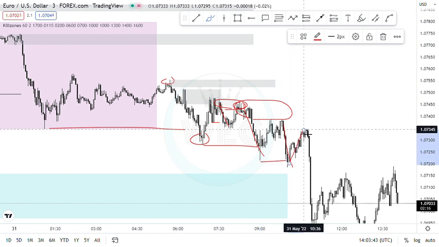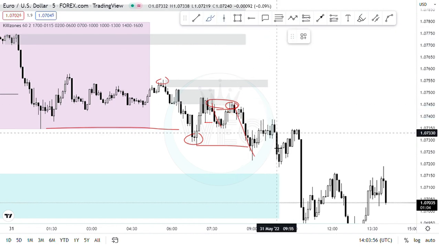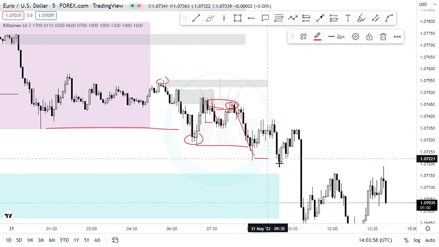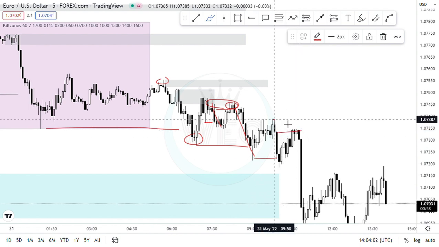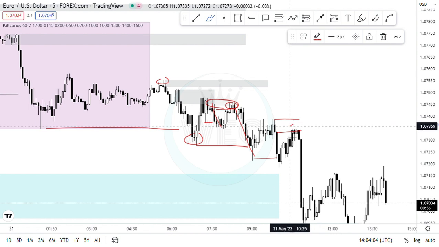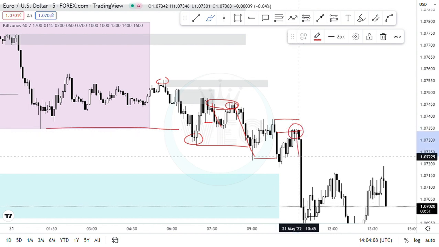Let me switch to the 5-minute and show you guys. After the 5-minute broke structure right here, price retraced into this level, and this is where I had another confirmation to take another sell for another 1:9.